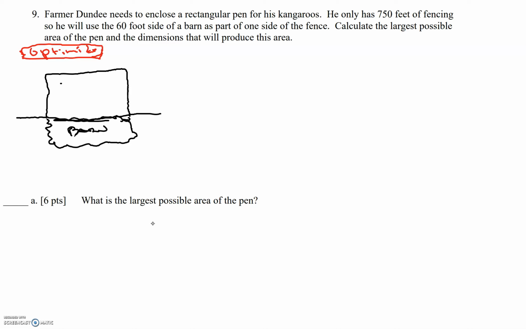The barn is 60 feet long, right? The remainder is going to be x, and y. Let's call that x, and y.